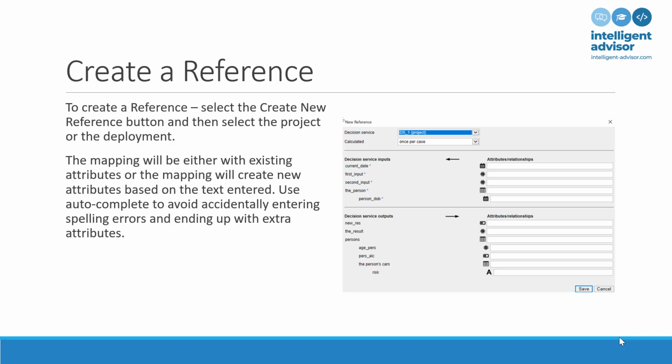If I type something that does not exist, for example, if in the first box for current_date, I type my attribute, and my attribute doesn't exist in OPM, it will be created and mapped. So if you are working with an existing OPM project, use the autocomplete to avoid accidentally creating spelling errors and generating extra attributes.